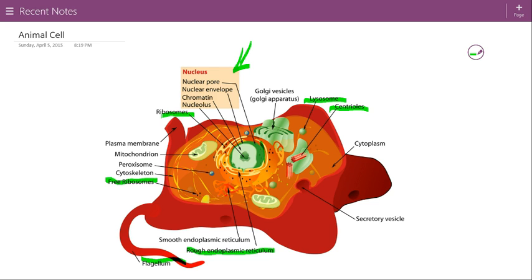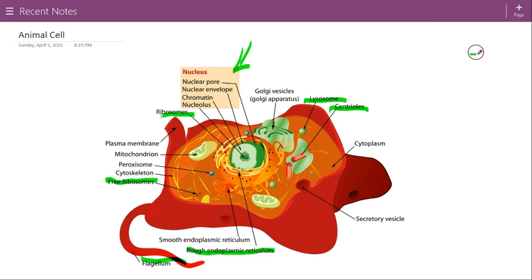So the rough endoplasmic reticulum contains those, and that is where the protein is synthesized, and then they're collected there in the endoplasmic reticulum for transport throughout the cell. So wherever they need to go, that then happens in the rough endoplasmic reticulum. And then, since we're talking about traveling, the Golgi vesicles are what allow things to travel around.